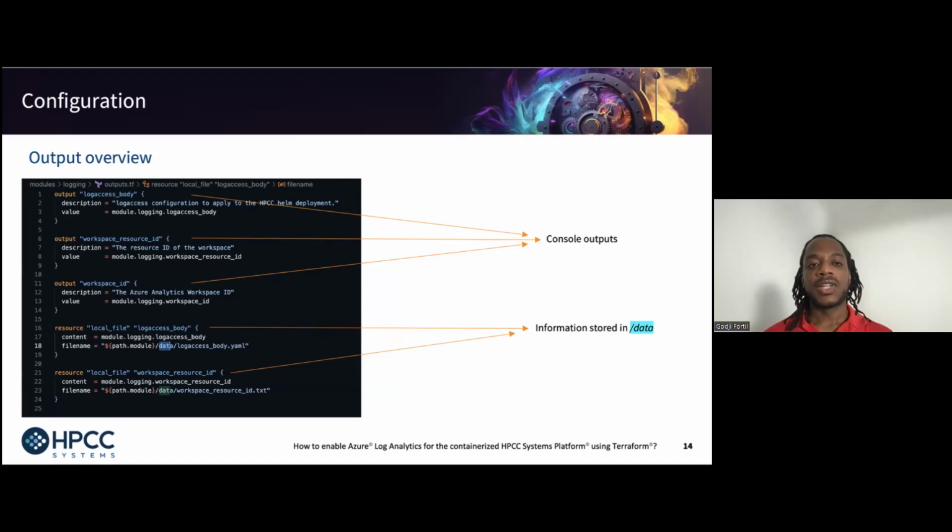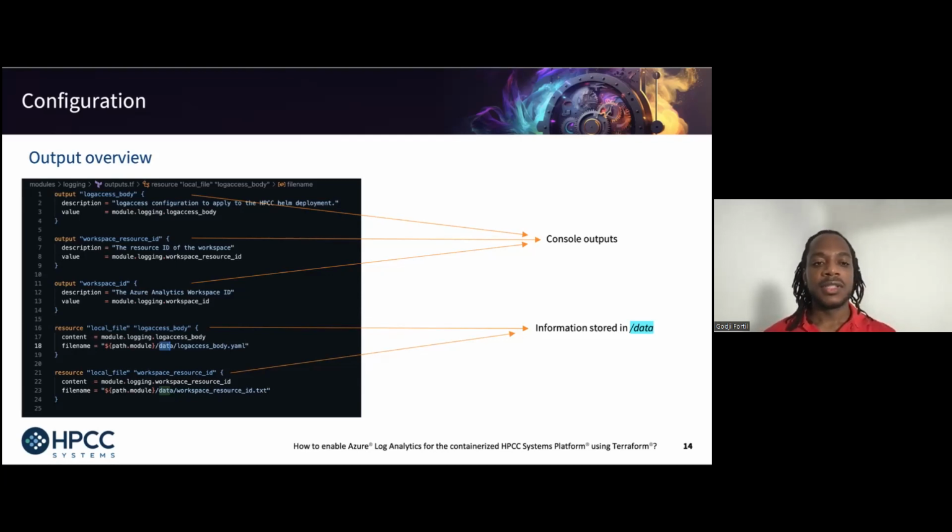The second one is the workspace resource ID, which is different from the workspace ID. That ID will be passed to the AKS deployment, to the OMS agent. And the third one is the workspace ID. The workspace ID is not going to be used in either the AKS deployment or the HPCC deployment. We just output it so that you can see the difference between the workspace ID and the workspace resource ID.